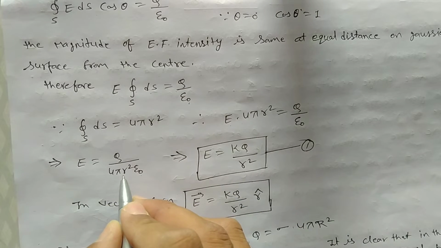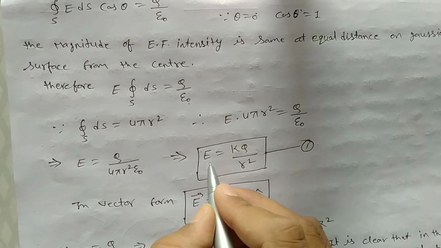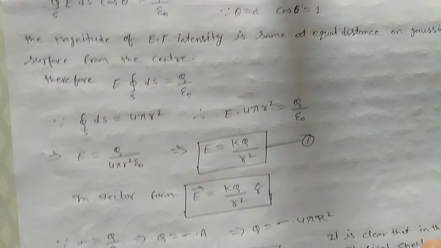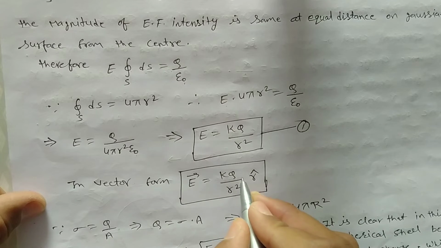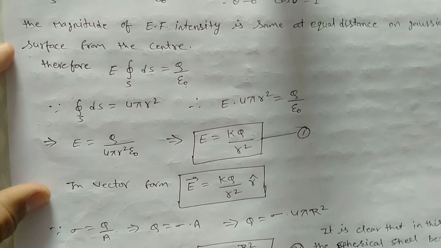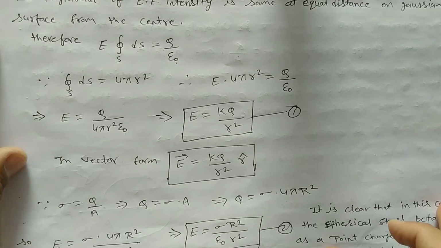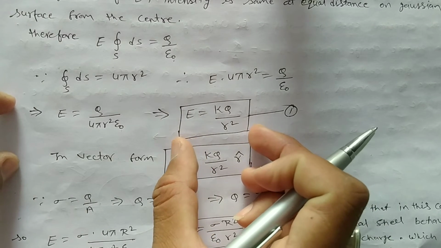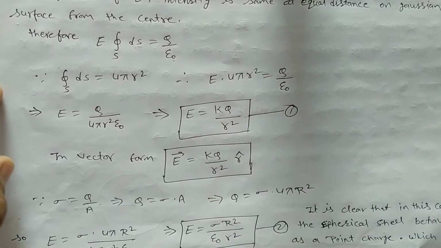We know that 1 upon 4 pi epsilon naught is equal to k. So E is equal to kQ upon r square. In vector form, we can write E vector is equal to kQ upon r square r cap. Here r cap is a unit vector which represents the direction of the electric field, and this is the expression for the electric field intensity outside the spherical shell.